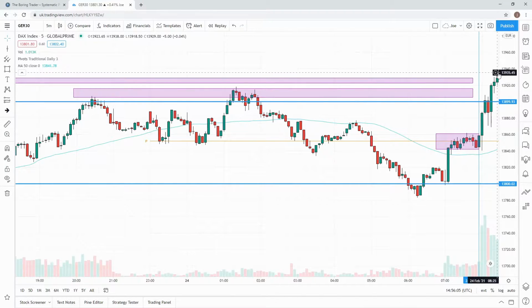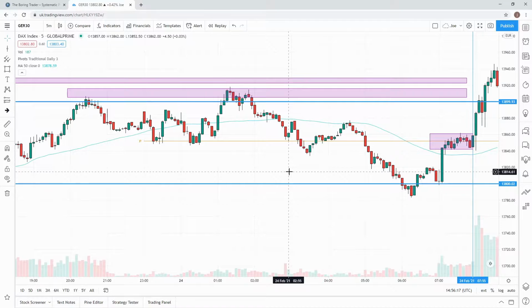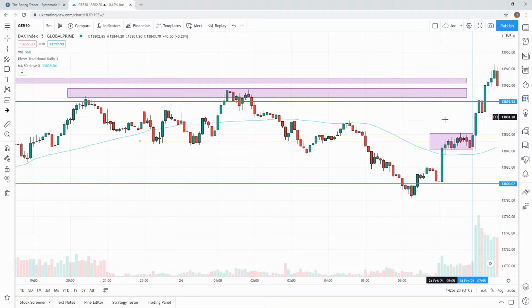These levels here, these wicks here, however, are telling me that there is some life in the bears, although not a lot. Better. And now the bears are reacting a little bit longer.